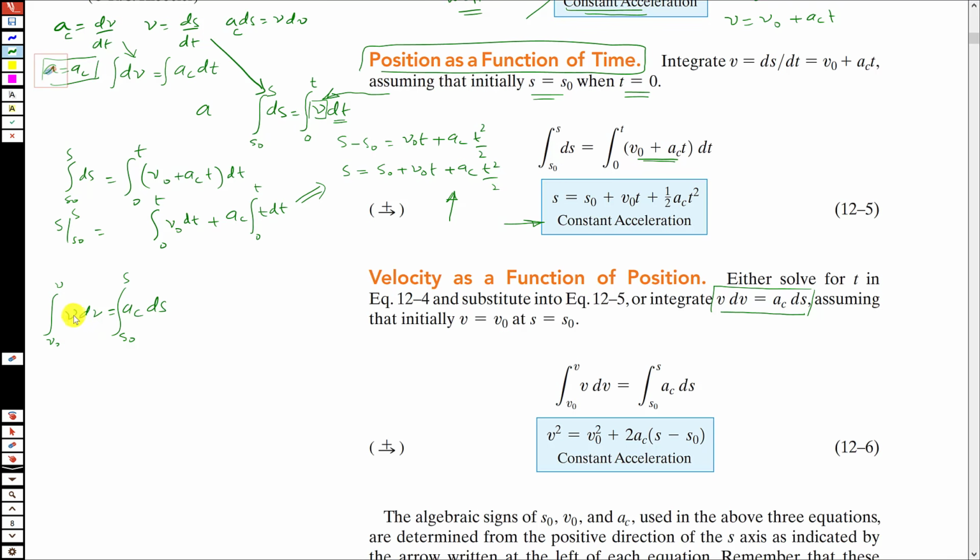Now if we integrate this, v dv gives v square divided by 2 from v0 to v, and the acceleration is constant, so ac ds gives ac s from s0 to s, right?